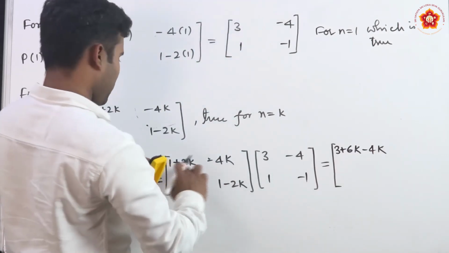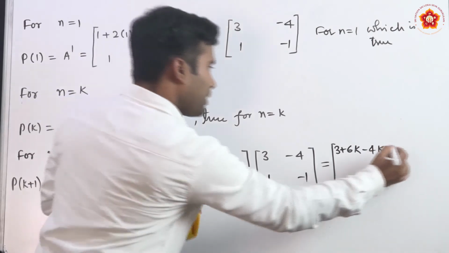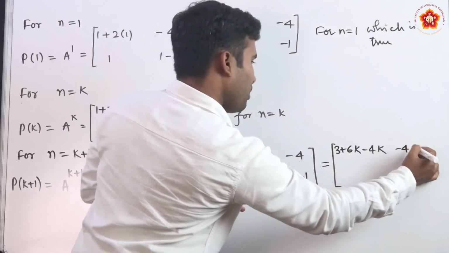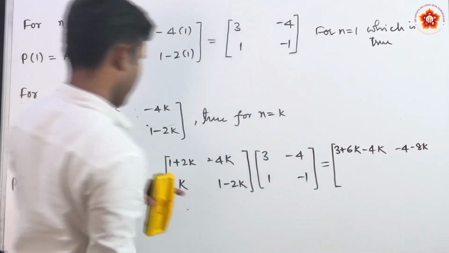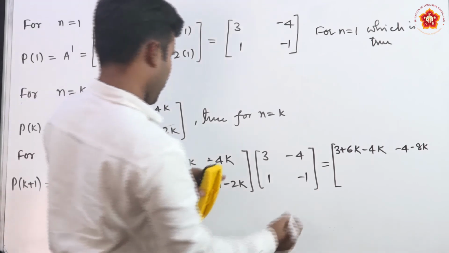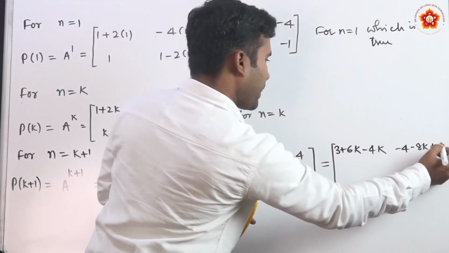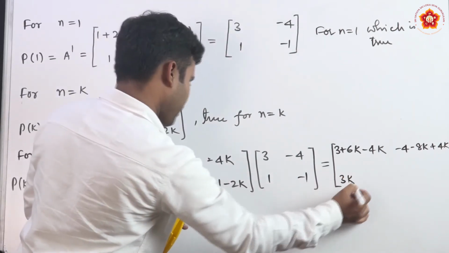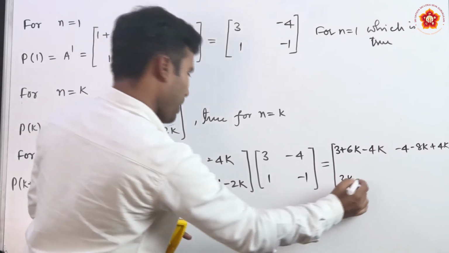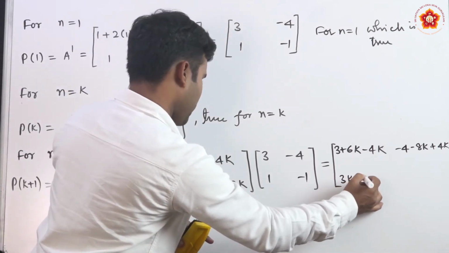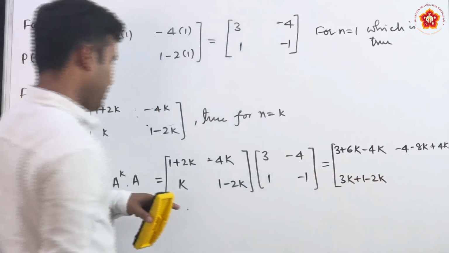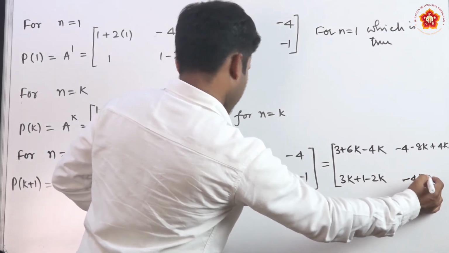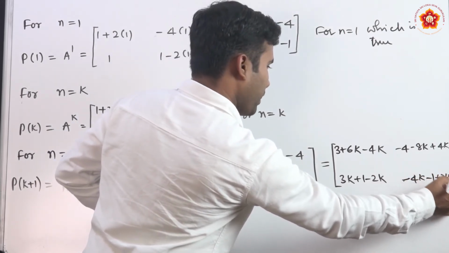Similarly, first row second column, that is minus 4 minus 8k plus 4k. Another one is 3k and 1 times this is plus 1 minus 2k, and here minus 4k, what is this? Minus 1 plus 2k.